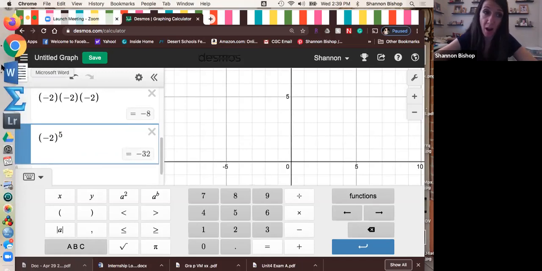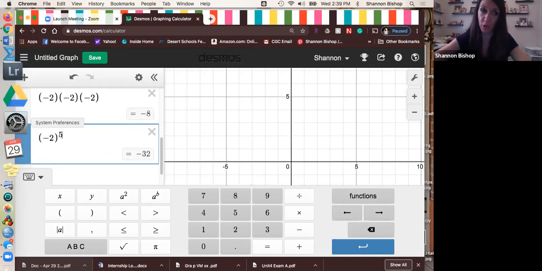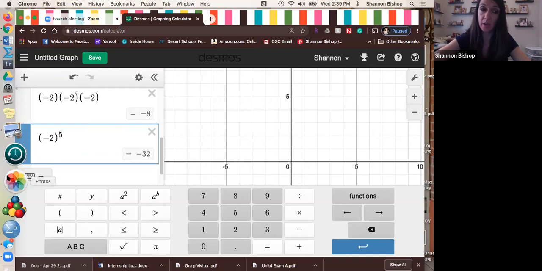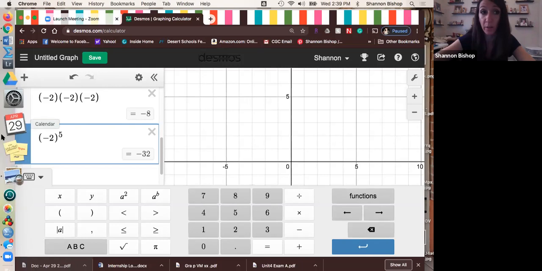So because even amounts of copies always produce positive answers, that's why it's the even roots that have these weird domain restrictions. Even roots never produce negative answers. So even roots always have to have some kind of domain restriction that avoids square rooting, fourth rooting, whatever, negatives. Negatives simply don't exist in the even root realm.